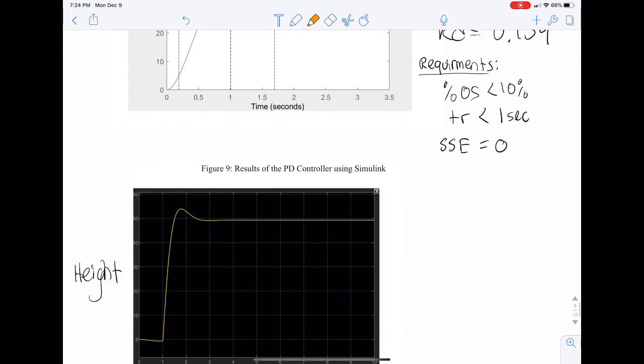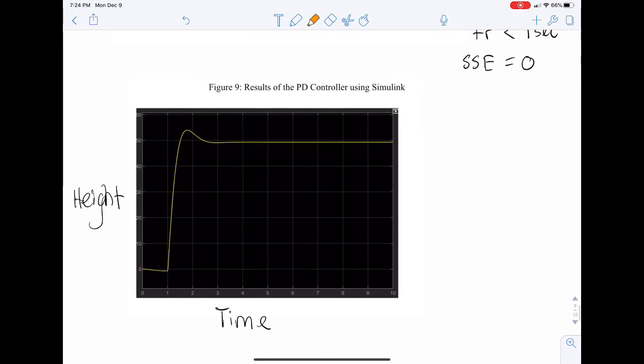Our results from Simulink are shown below. Here we can see that our transfer function and our PID controller accurately represented what we wanted it to.